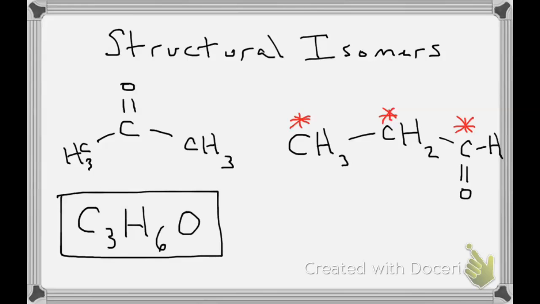And it actually turns out that we can even be a little bit more creative with this. Another type of structural isomer of this thing, and keep in mind, as long as I use 3 carbons, 6 hydrogens, and 1 oxygen, anything I draw is technically a structural isomer of this acetone.